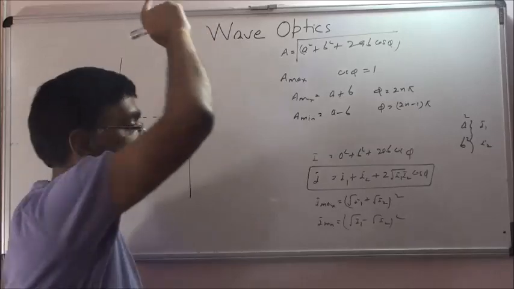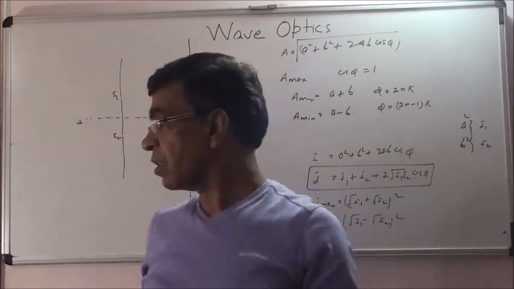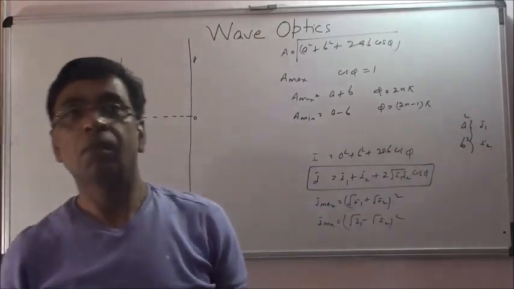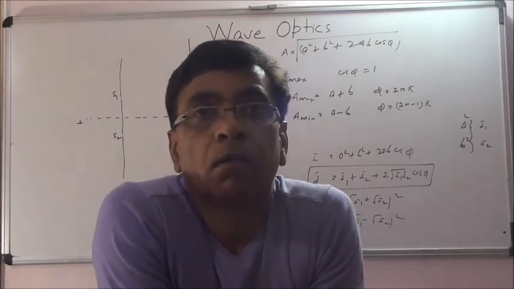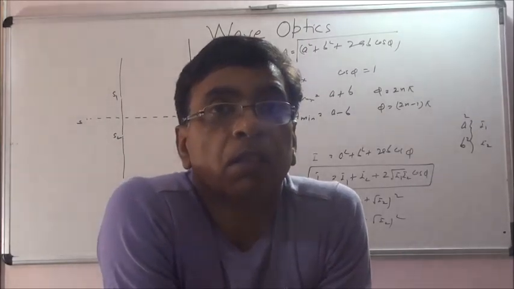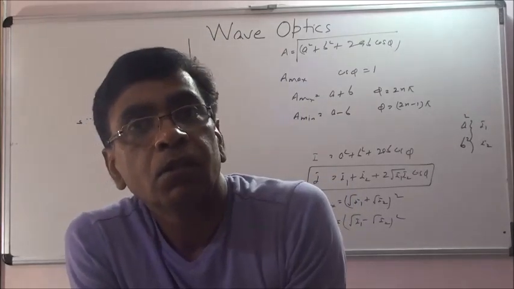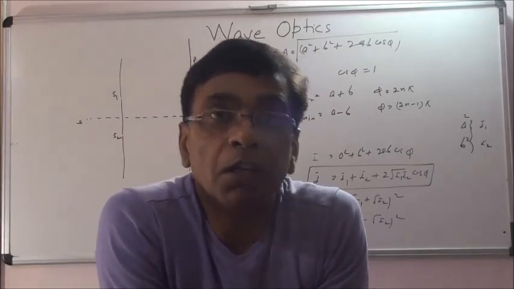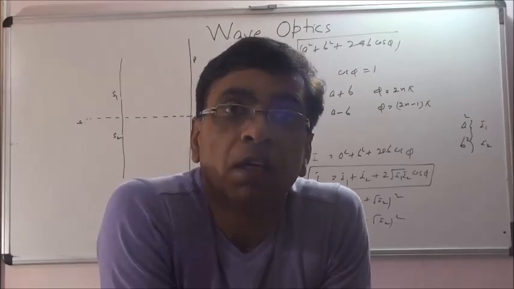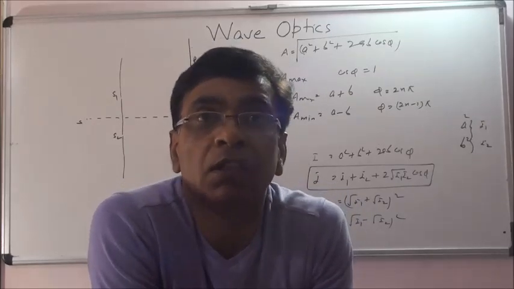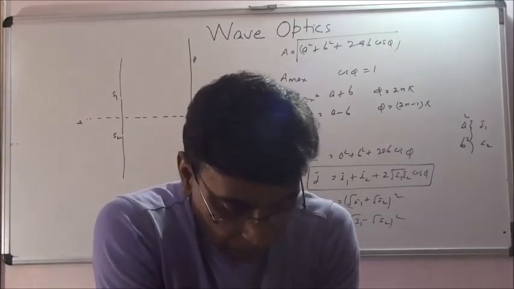At minima, the intensity is 0. So there is still conservation of energy. At maxima, the intensity is not just the sum of the two, it is more than that. So there is just redistribution of intensity, redistribution of energy, but it is still conserved.